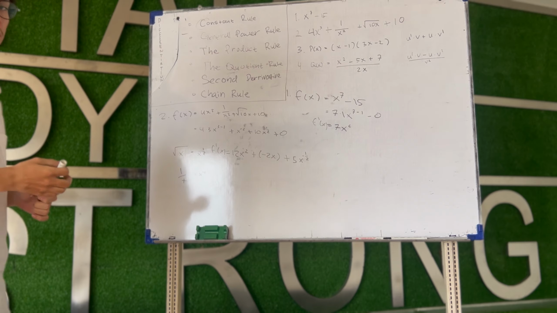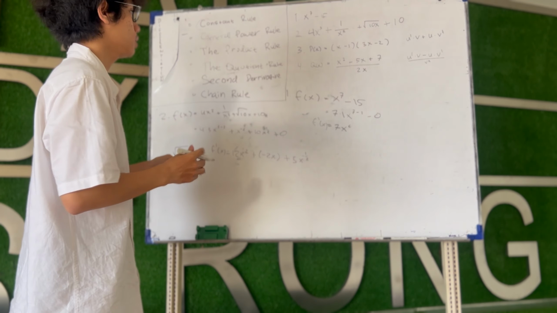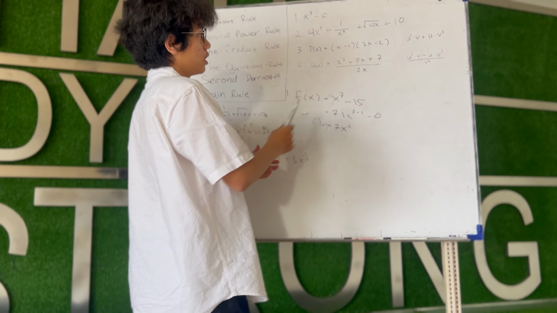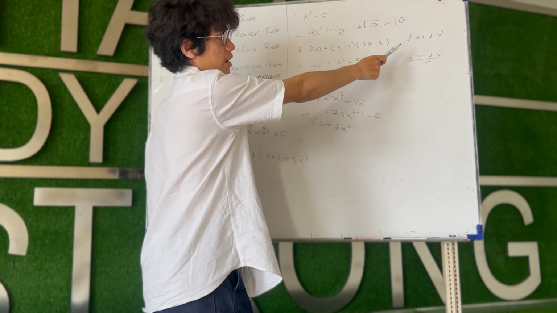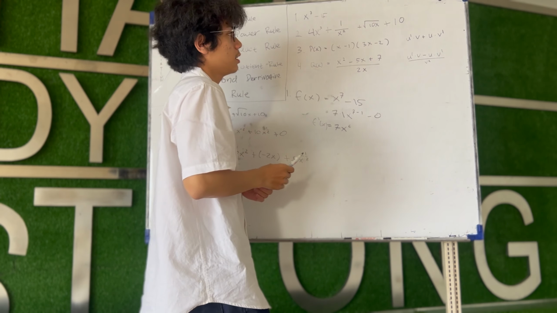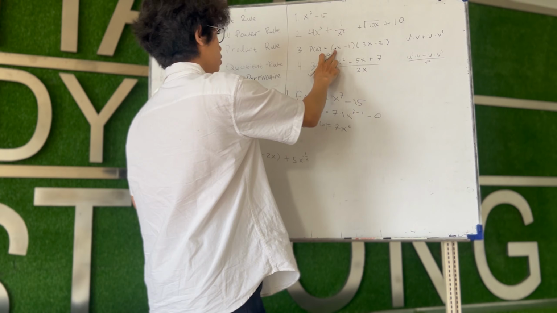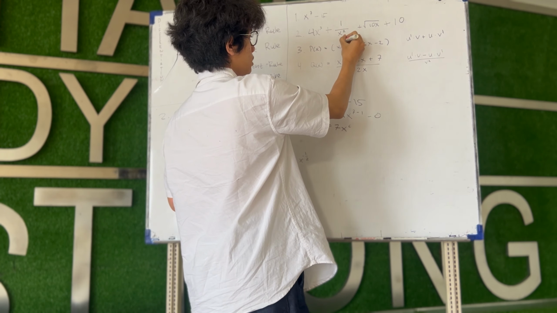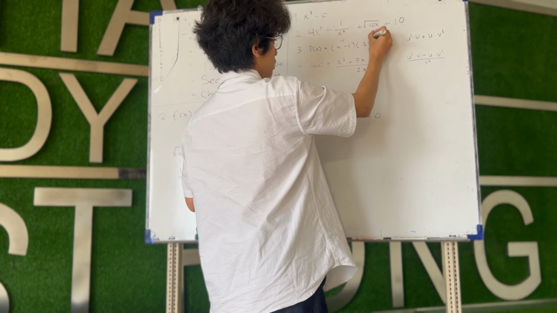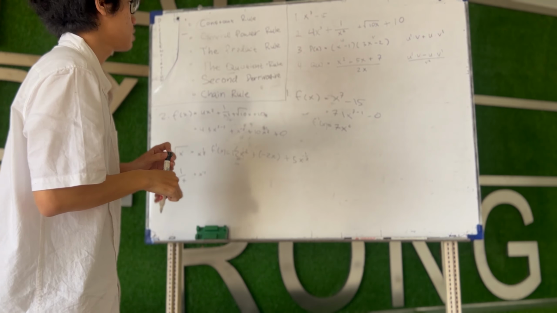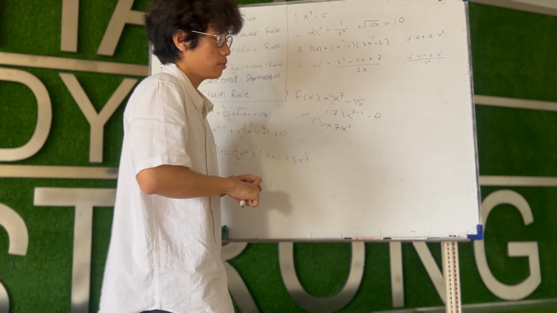And then we have the product rule. So the formula is the derivative of u times by v plus u times by the derivative of v. So here we have two functions, and here is the u and is the v. So the first thing first is we must derivative the u and v first.